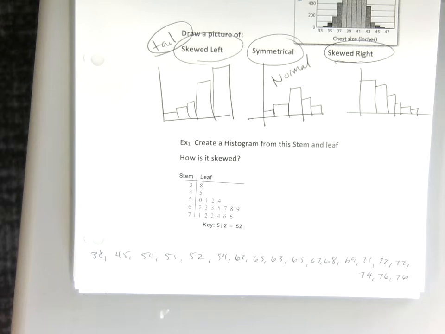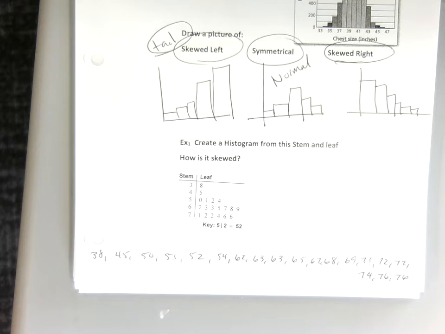So your key tells you 5.2 means 5.2. If you made your key like this, that'd be a 3.8, that'd be a 4.5, 5.0, because your key would tell what it is. Does that make sense? Yeah, good. That was a really good question. He always asks good questions, doesn't he?